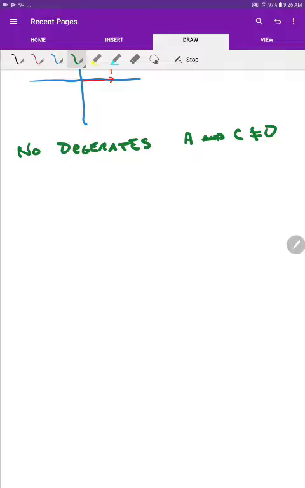Then we can come up with a relationship when B is not equal to 0.